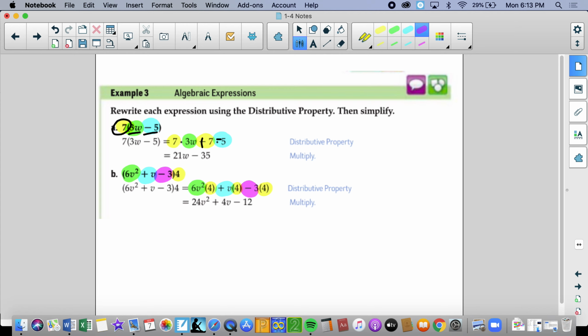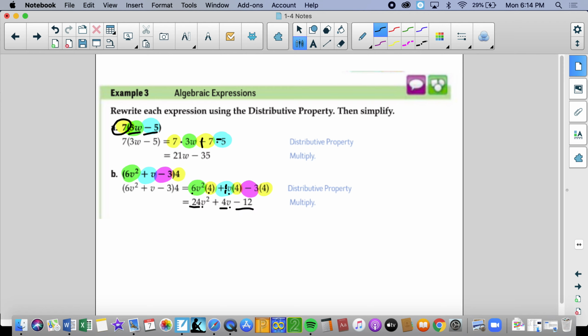So we are going to multiply those. What is 6v squared times 4? We multiply the coefficients. 6 times 4 is 24. And then we have the v squared. We're going to multiply v times 4. Coefficient is 1. 4 times 1 is 4. And then we have the v. Negative 3 times positive 4 gives us negative 12.